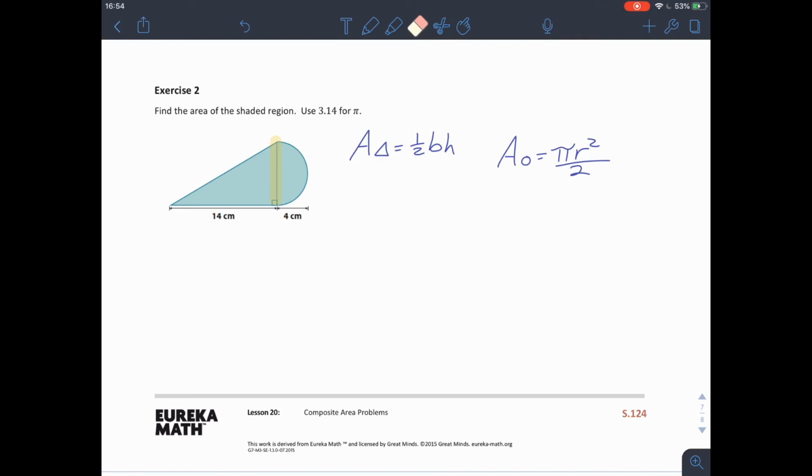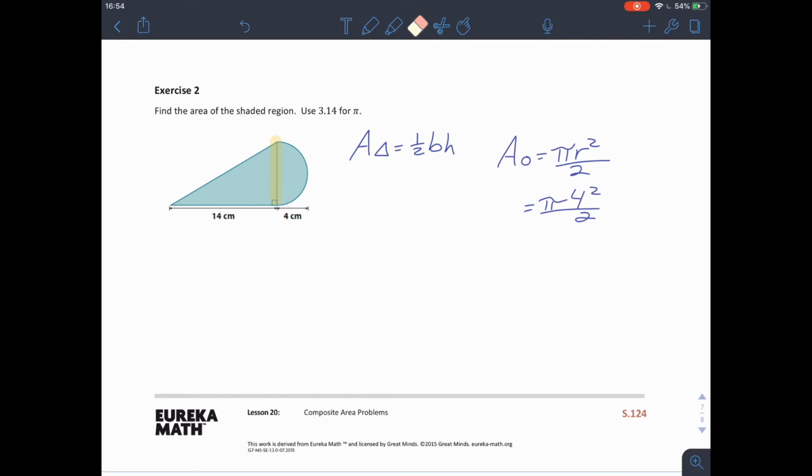Let's review how to solve this by starting with the simplest part, which is the area of our semicircle. They gave us the radius in this problem of 4 centimeters. We know it's the radius because it's the distance from the diameter to the tip of the circle, and if I drag that over to the middle of the circle, it would go from the center point to the outside. So I just plug that into my formula, and I get pi times 4 squared divided by 2.